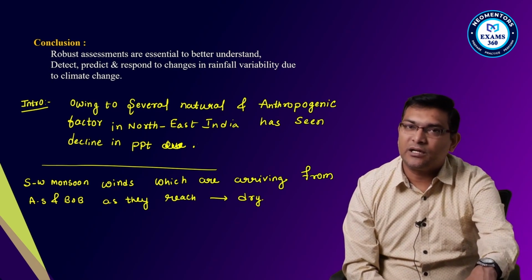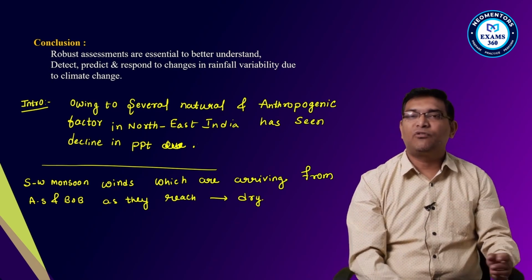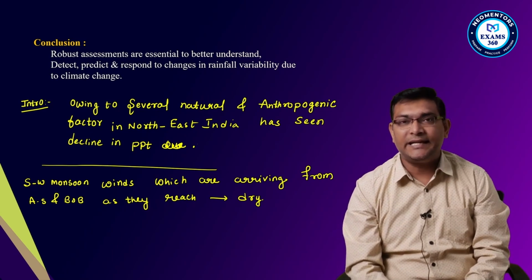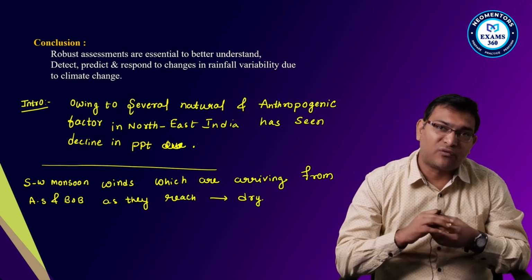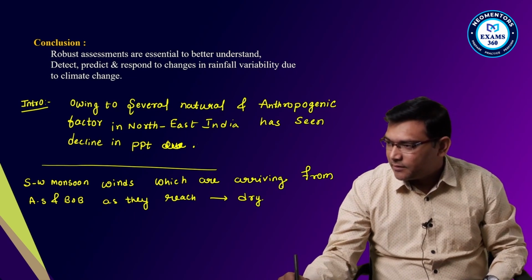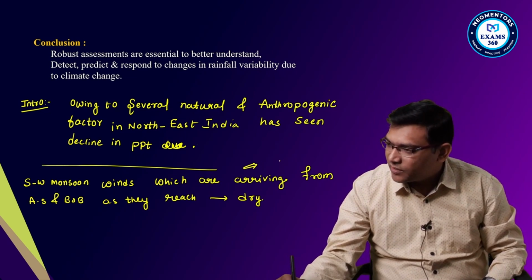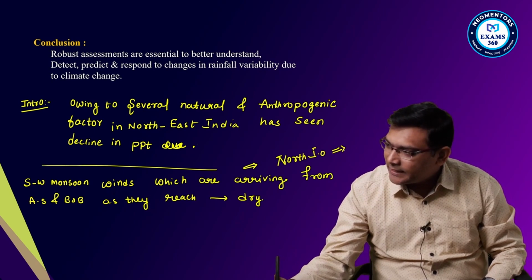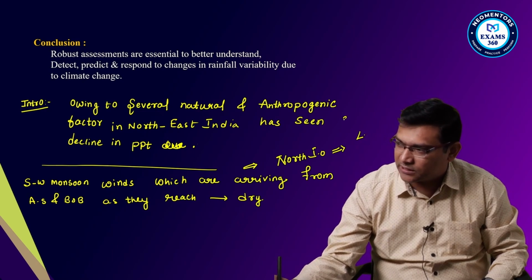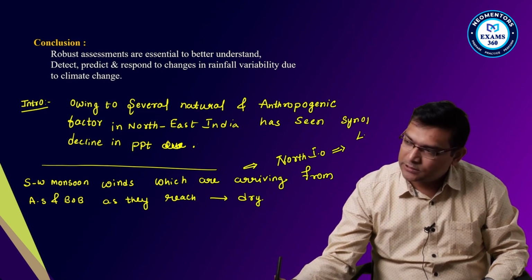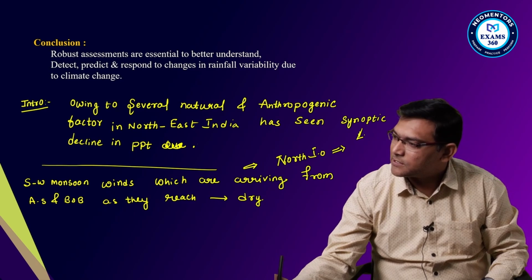And even if you look at the North Indian Ocean also, there is a greater number of formations of low pressures. Why is this happening? It is because of the North Indian Ocean, there are greater synoptic disturbances.